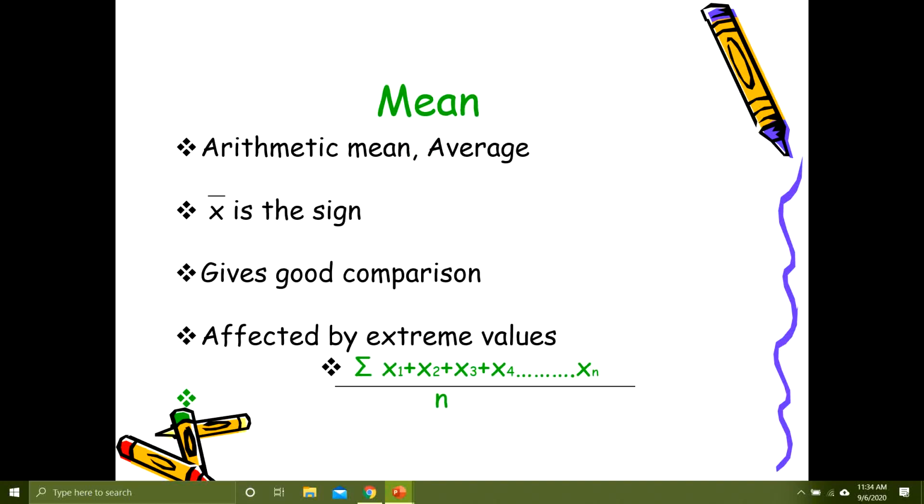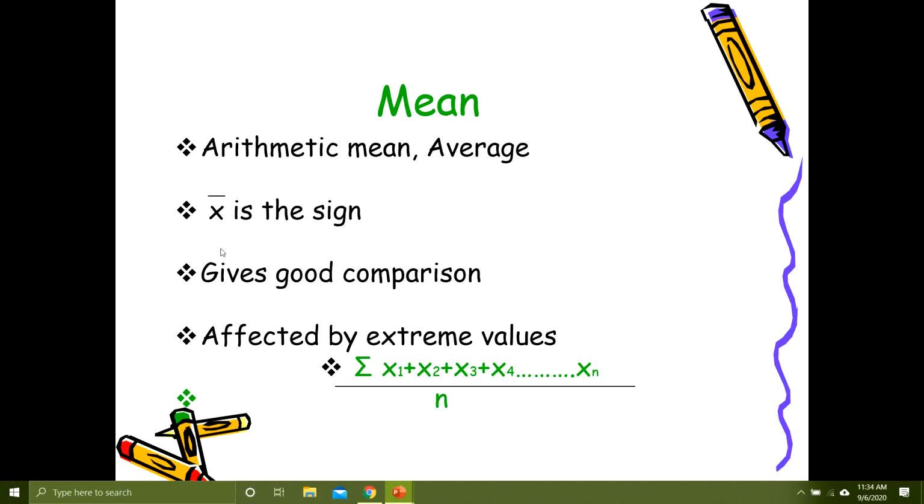Mean means arithmetic mean and it reflects the average value. It is presented with the X bar sign. So whenever you see this sign in biostatistics, it means the researcher wants to present the mean of the sample. It gives a very good comparison. It gives us the average value.